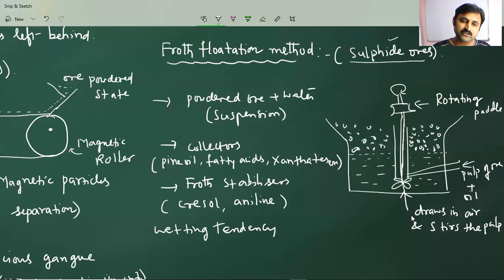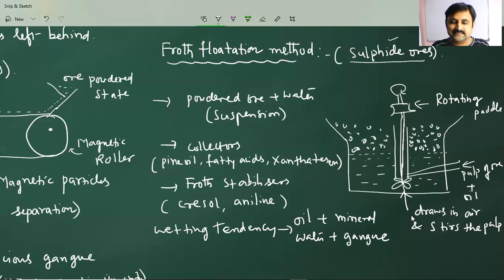Oil goes with the mineral, and water is there, with which the gangue particles will go. That means the wetting tendency of gangue particles is with water, and the wetting tendency of mineral particles is with oil. So this is very clear. This is the difference between the wetting tendencies of mineral and gangue particles.